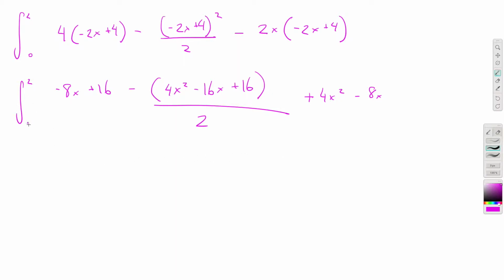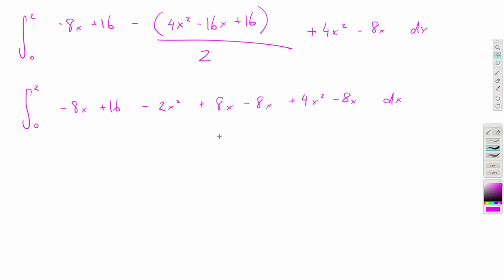You're still going from 2 to 0 dx. So this is going to equal negative 8x plus 16 minus 2x squared plus 8x minus 8x plus 4x squared minus 8x. Oh, there's a mistake in here somewhere for sure. Is there a mistake?